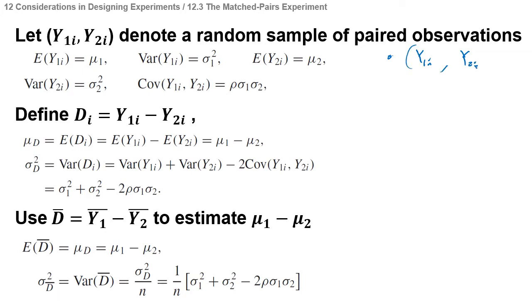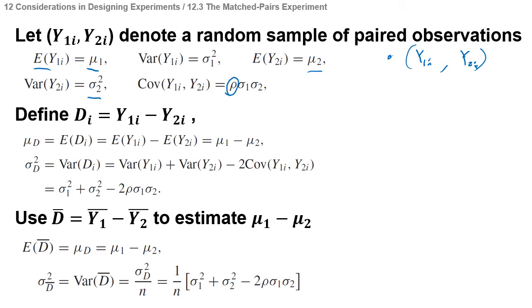Then we have the paired data of y1i and y2i. We assume that the expected value of y1i is mu1, and the variance of y1i is sigma 1 square. For the second treatment, the expected value of y2i is mu2, and the variance of the second group is sigma 2 square.